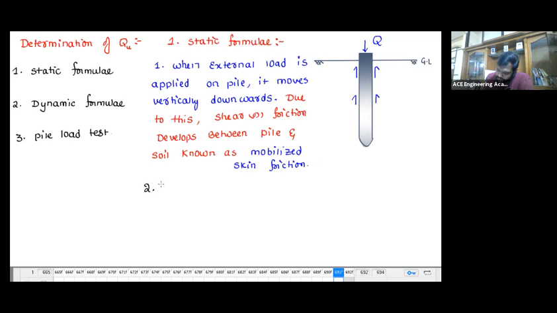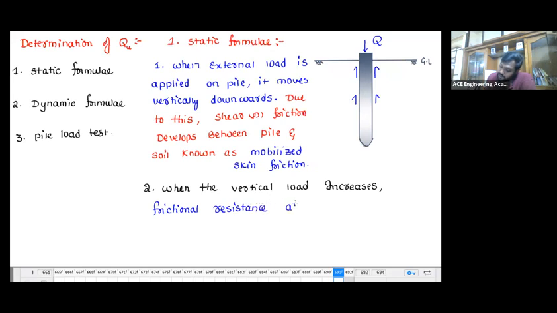Second point: when the vertical load increases, what happens? Frictional resistance along the surface area of the pile. What is the meaning of surface area?